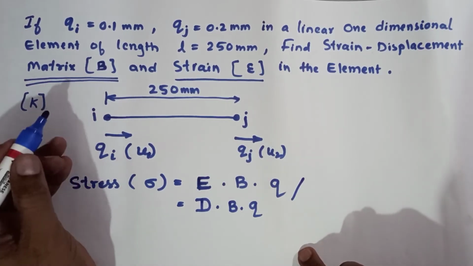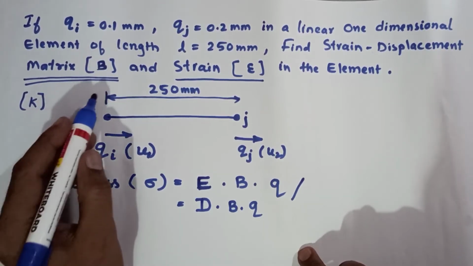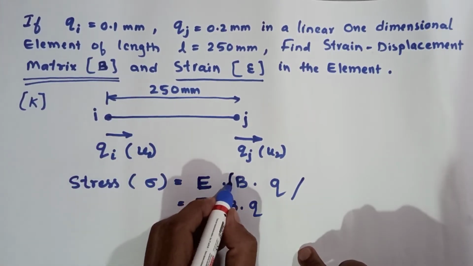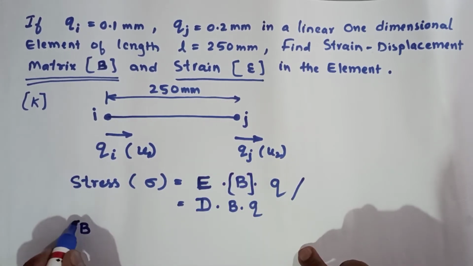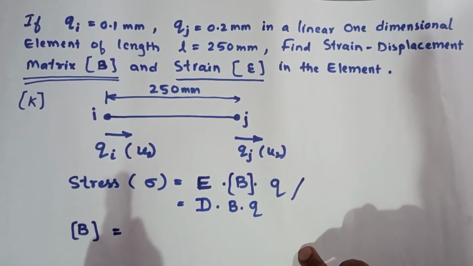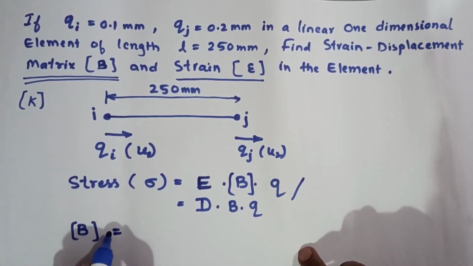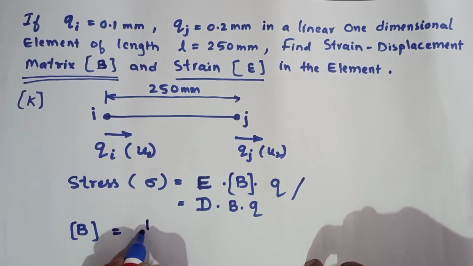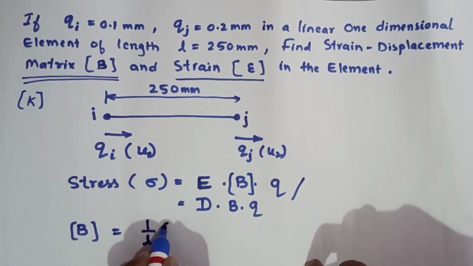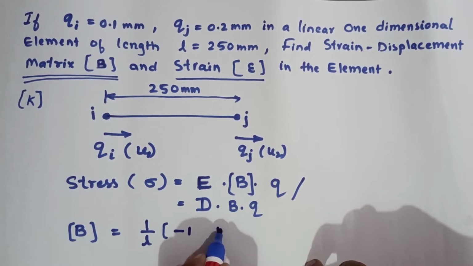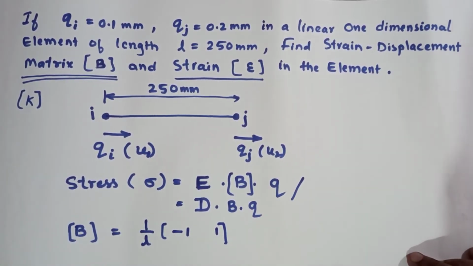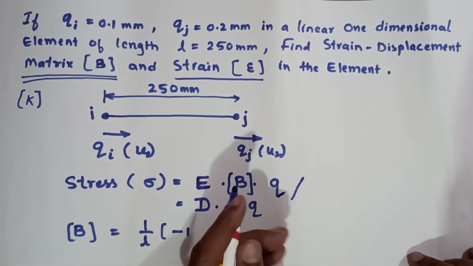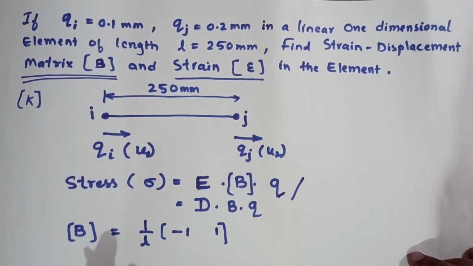Now let me see what things are given. You need to calculate the B matrix. First, how do you define the strain displacement matrix B? For the one-dimensional element, the strain displacement matrix is 1 by L times the matrix [-1, 1]. Q1 and Q2 are the nodal displacements that we can easily substitute.